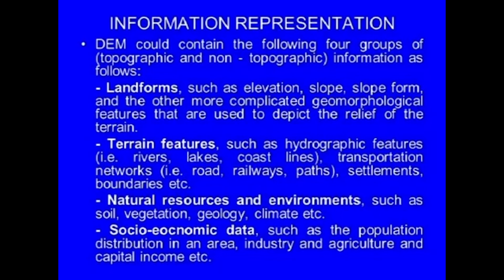Second is terrain features such as hydrographic features like rivers, lakes, coastlines, transportation networks like roads, railways, paths, settlements, boundaries, etc. Third is natural resources and environments such as soil, vegetation, geology, climate, etc. And fourth is socio-economic data such as the population distribution in an area, industry and agriculture and per capita income, etc.